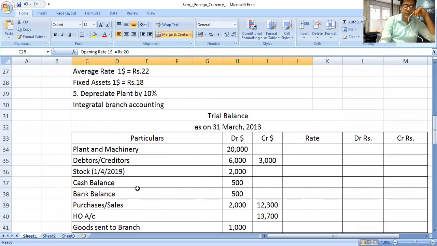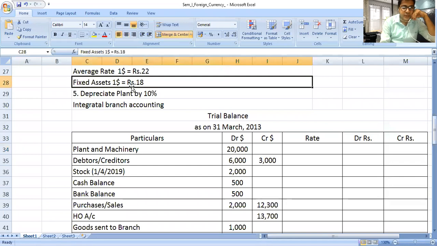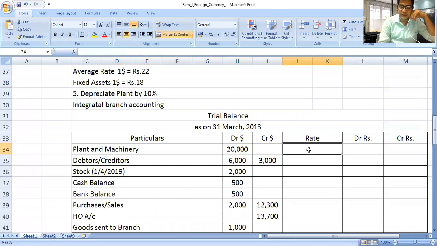Now friends, the first item is plant. Plant's value is $20,000. Plant is a fixed asset, and the fixed asset rate is 18.